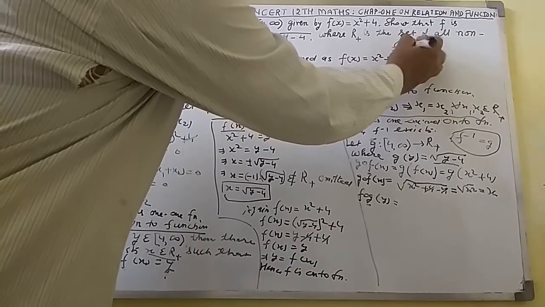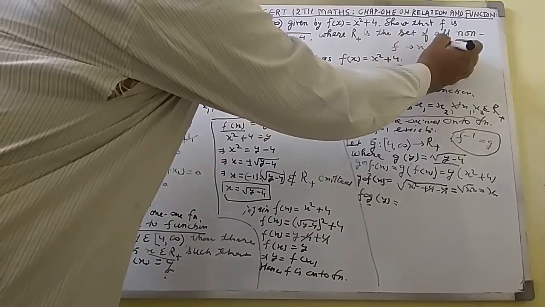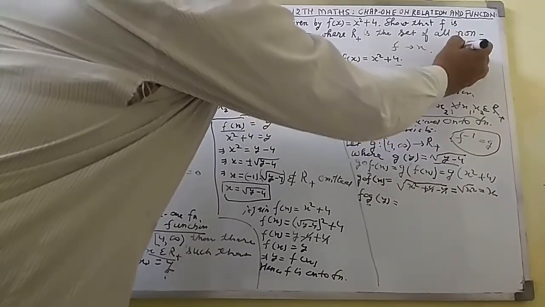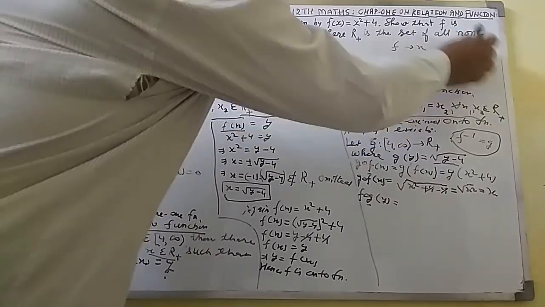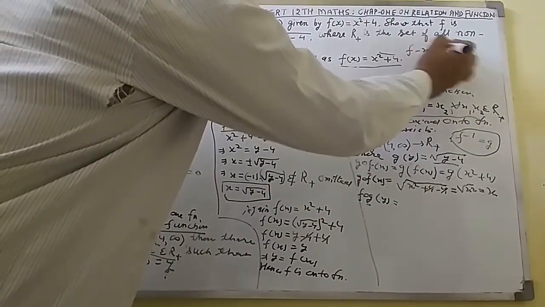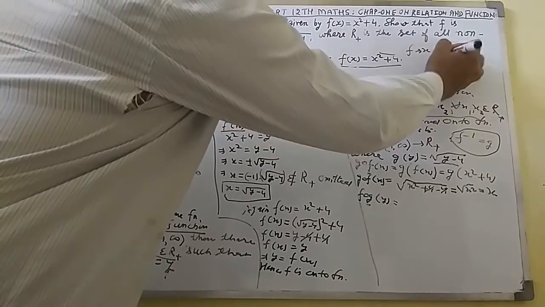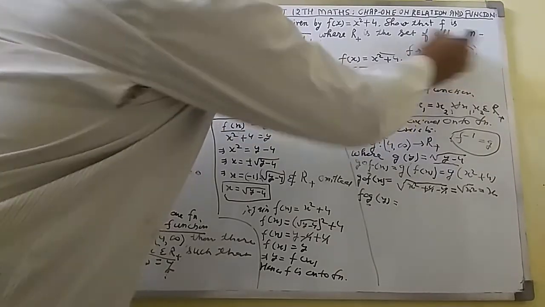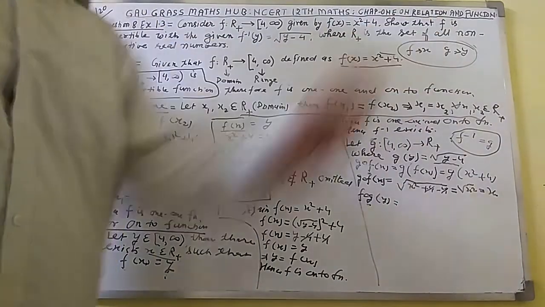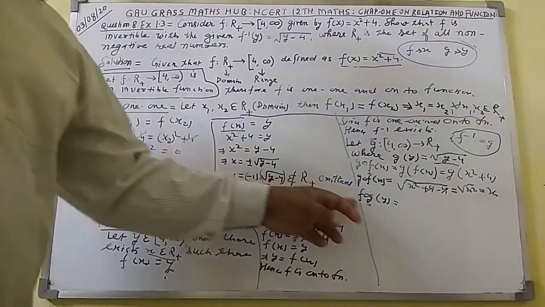F is related to x and g is related to y. This is the formula you must know. F related to x, g related to y. So here I have written f of g.